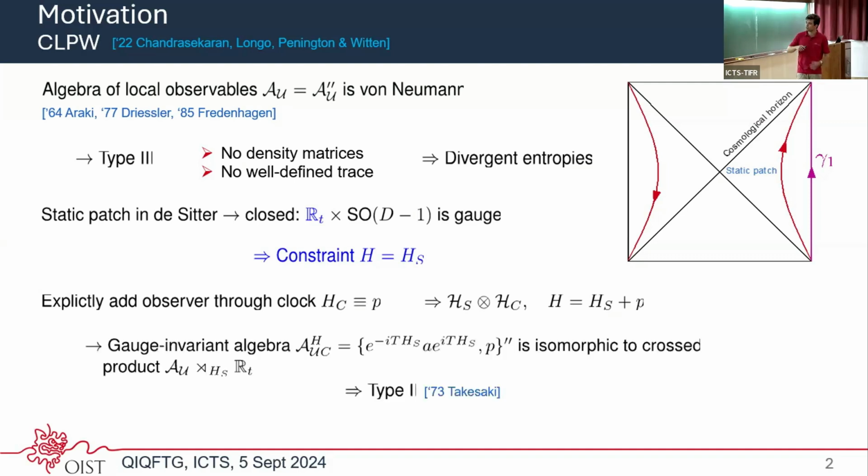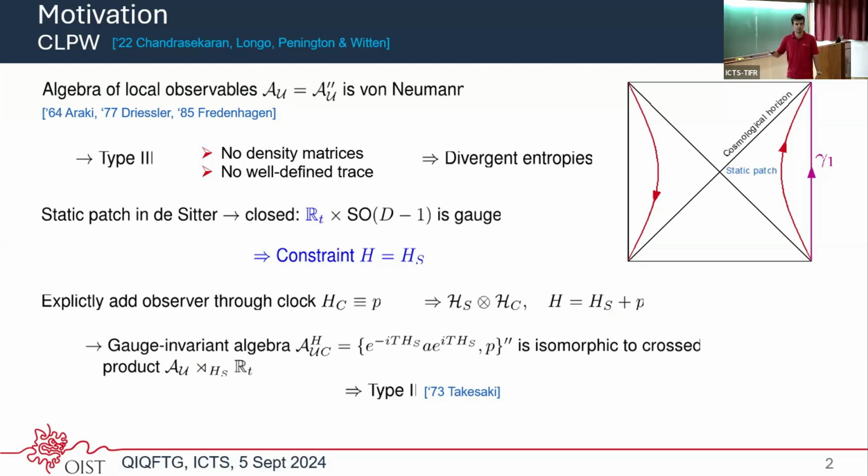When you then look at the gauge invariant algebra with this constraint, it turns out to be much richer because it's not just the scalars. Namely, it consists of these two sets of observables, which we will talk about later. And this algebra turns out to be isomorphic to the cross product. It's a result from Takesaki that this cross-product algebra is a type 2 algebra, which means that we can have well-defined entropies and well-defined traces.